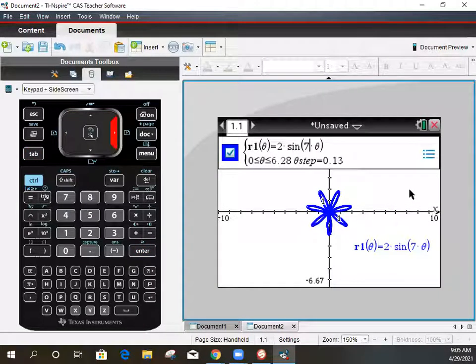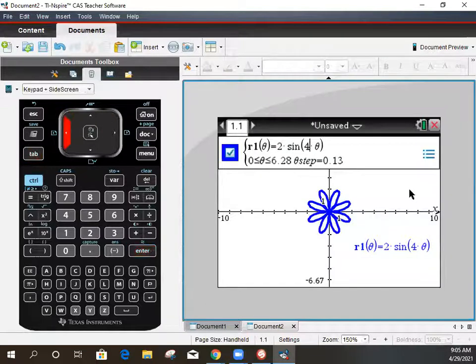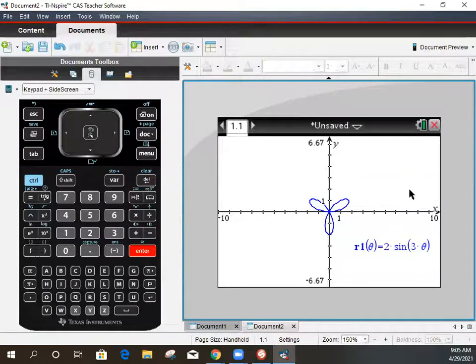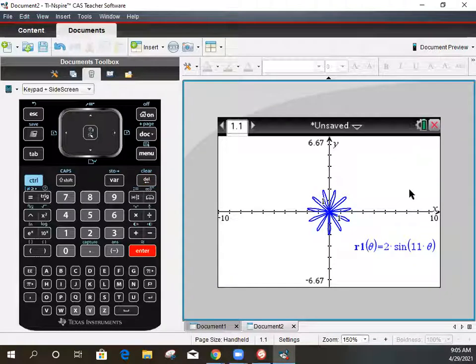All right, so I'm gonna write these down here, but the pattern for sine is if N is odd, so like 3 petals, 5 petals, 11 petals.